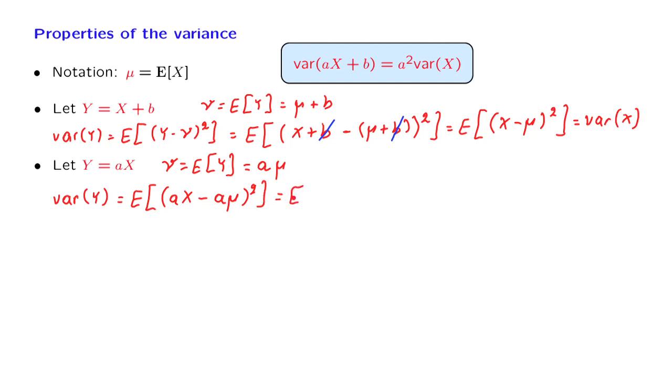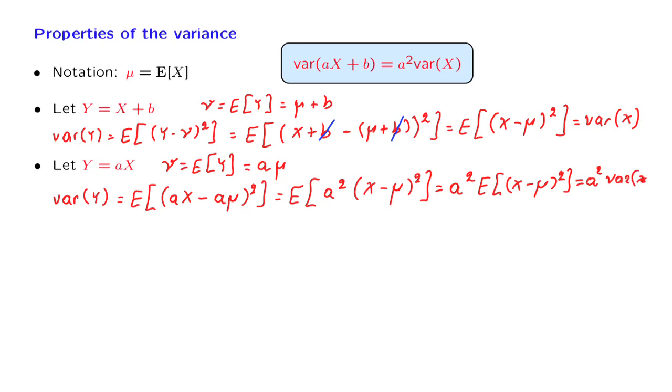We take out a factor of a squared, and then we use linearity of expectations to note that this is a squared times the expected value of X minus mu squared, which is a squared times the variance of X. So this establishes this formula for the case where b equals 0.